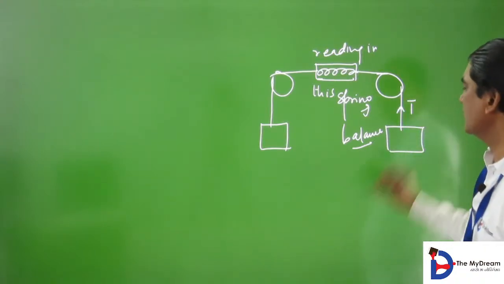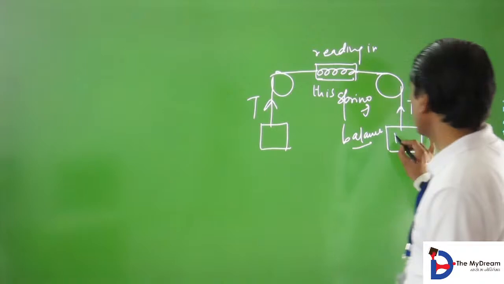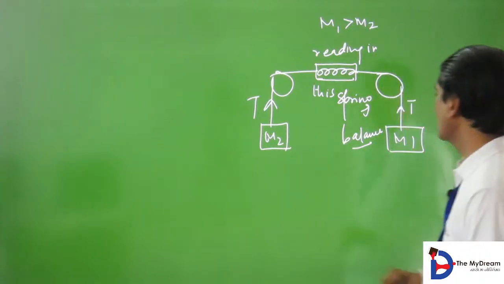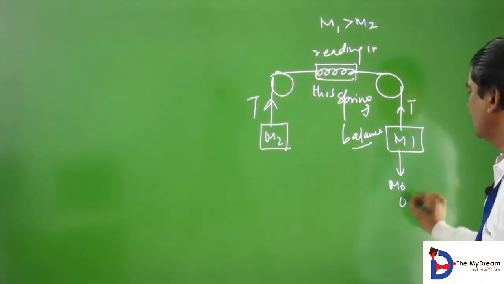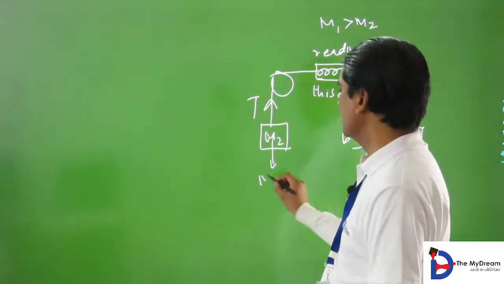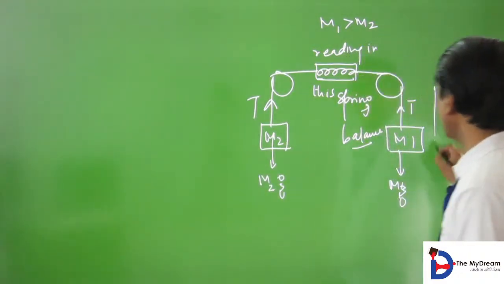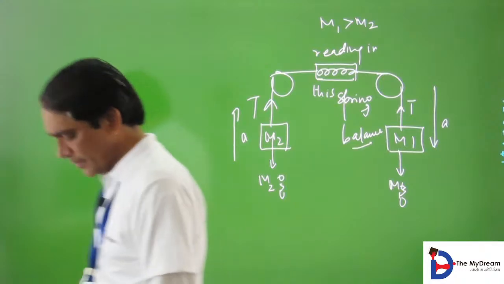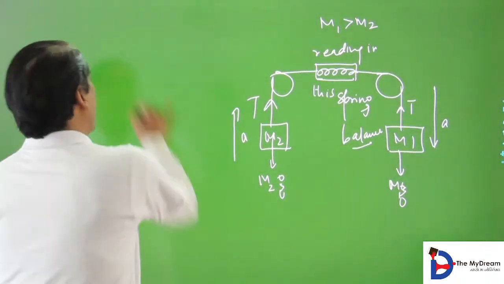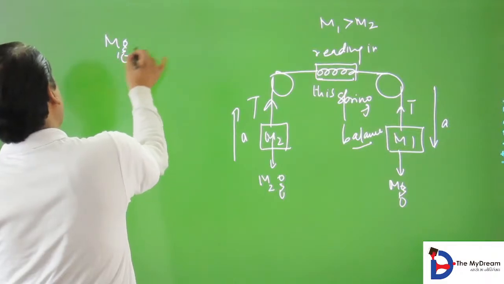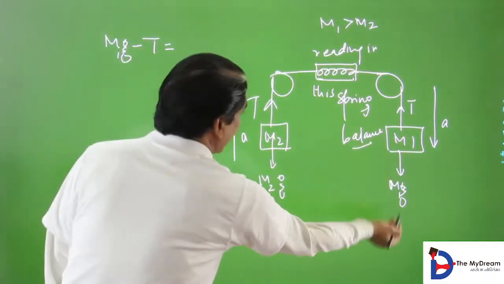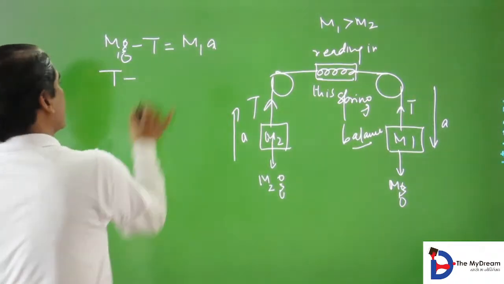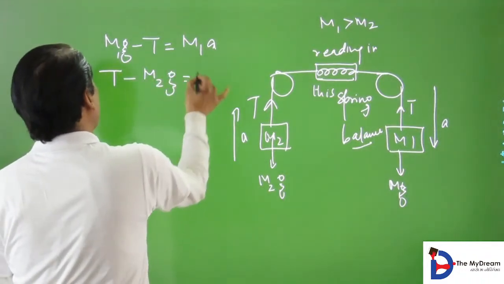So this is T, this is T. Suppose this one is M1, this is M2, here M1 is greater than M2. Then obviously this is M1g and this is M2g. So it will move in the upward direction. So M1g minus T is equal to M1a. So T minus M2g is equal to M2a.